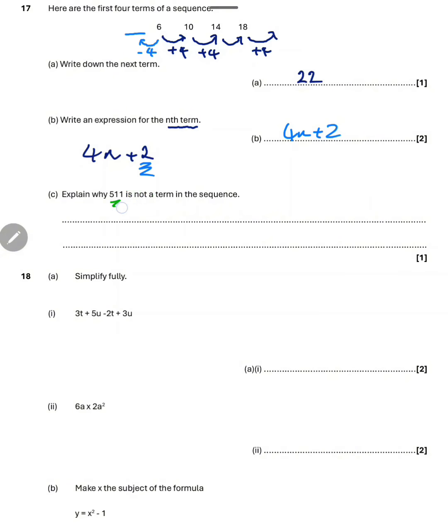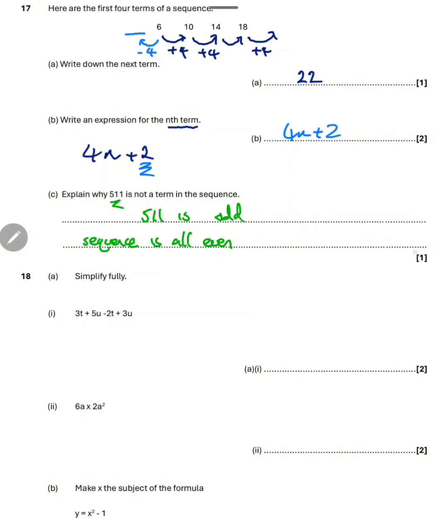Part C says, explain why 511 is not a term in this sequence. There's lots of ways to do this, but because this is only 1 mark, you can get away with just saying 511 is odd, and this sequence is all even. And it always will be because we're adding 4 every time, which is an even number.